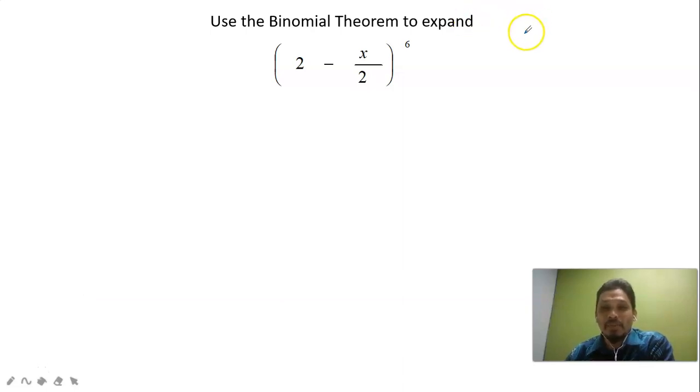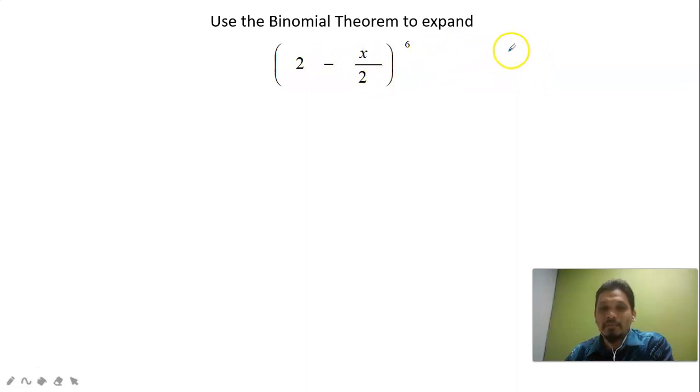So today I'd like to share with all of you how we can expand this binomial expansion of (2 minus x over 2) in brackets to the power of 6. There are numbers that can help us expand this.